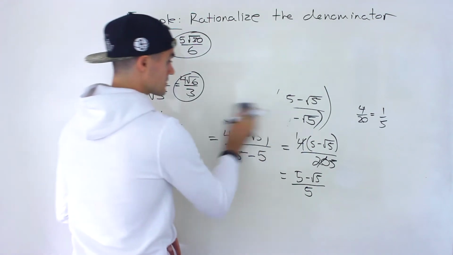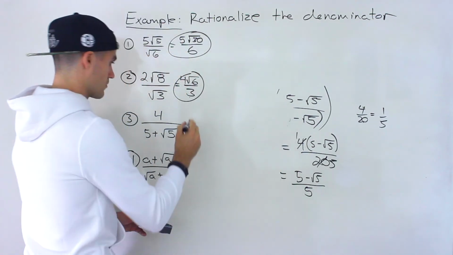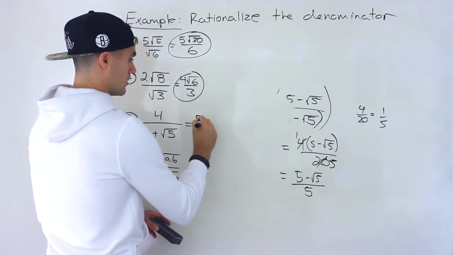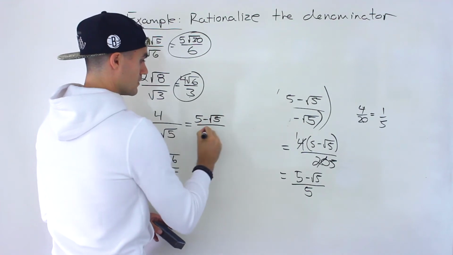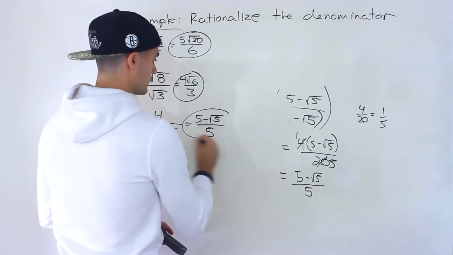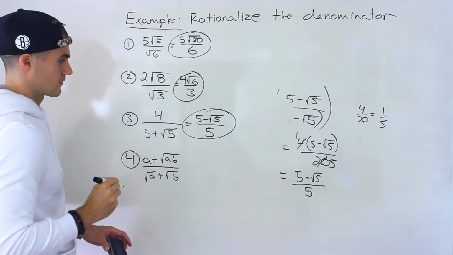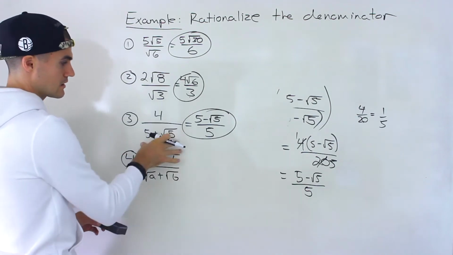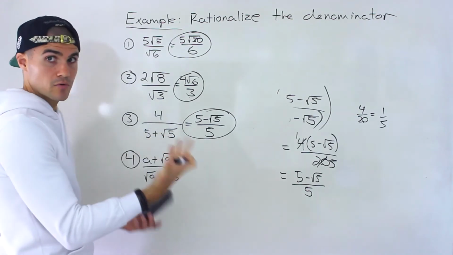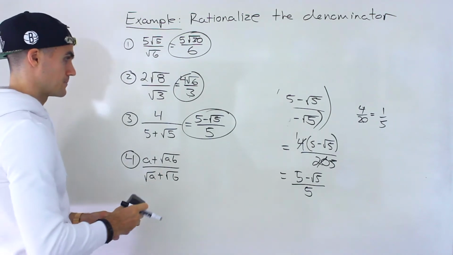So that's the final answer for number 3, and this does not simplify any further. And again, you could check your answer, take this decimal, take that decimal, they should be the same.